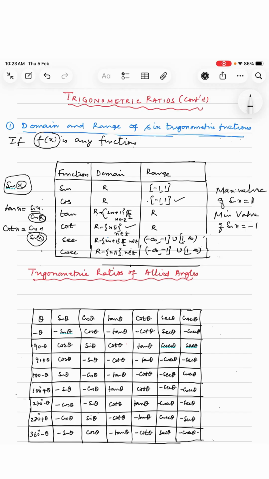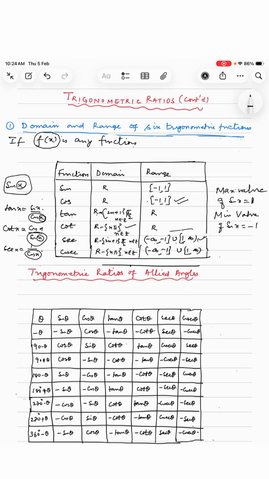Now, when it comes to the secant function, the domain of tan and the domain of secant both are the same, because in the secant function also we have cos x in the denominator. And a very important point here is, if you observe, cos x range is -1 to +1. Now if you observe secant x range, it is -infinity to -1 union 1 to infinity.